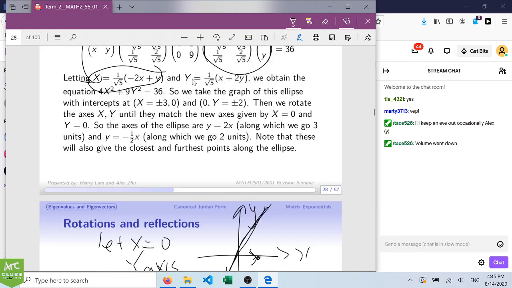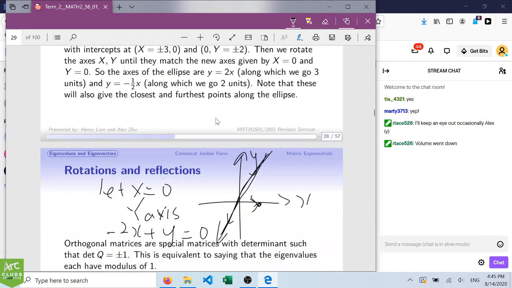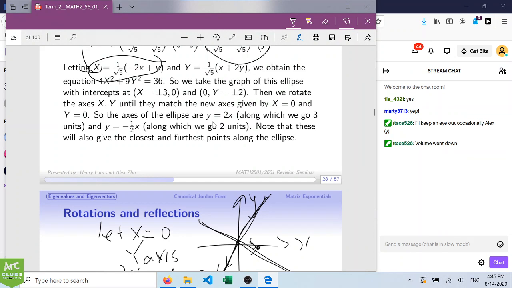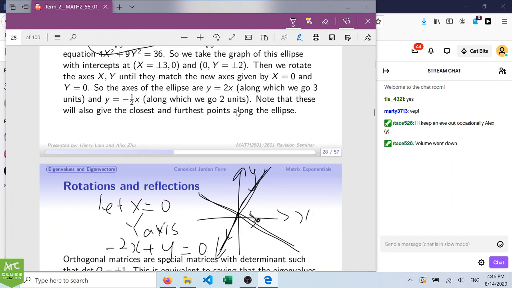So yeah, this is y equals minus 1/2 x, and so it's going to go that way. So essentially we have the two axes of the ellipse, which are 2x and minus 1/2 x, and the intercepts are plus minus 3 for x, and plus minus 2 for y, and we just need to work out the x-axis and the y-axis.